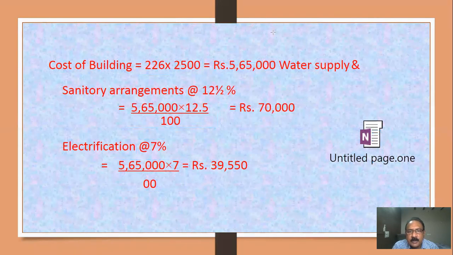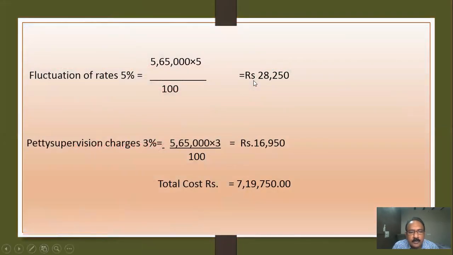This is the charge. And next we will have fluctuation rates. How to calculate? Here we have fluctuation rates of 5%.